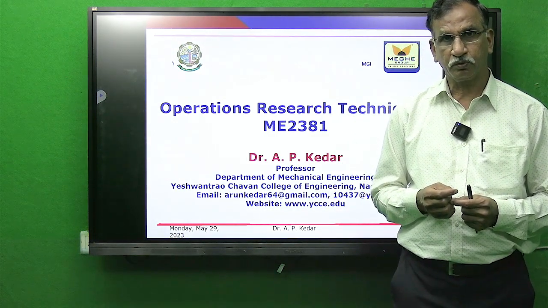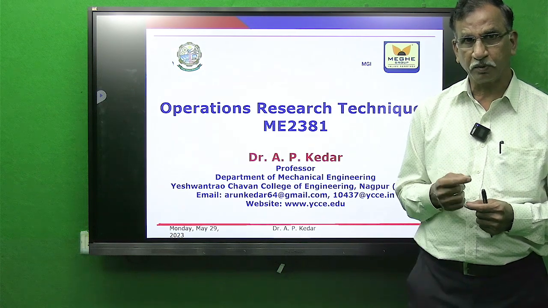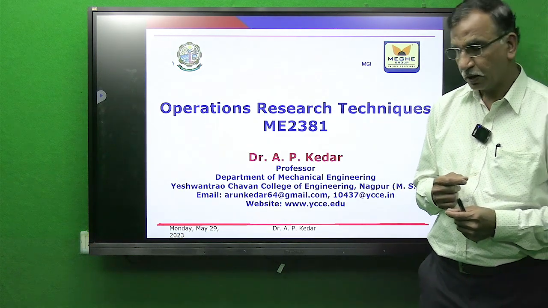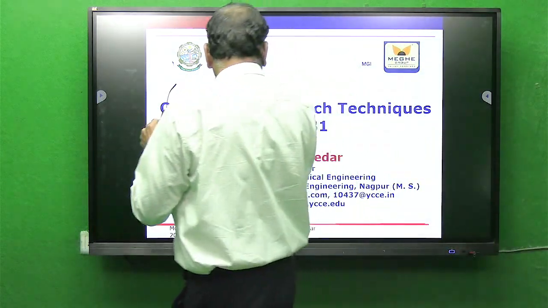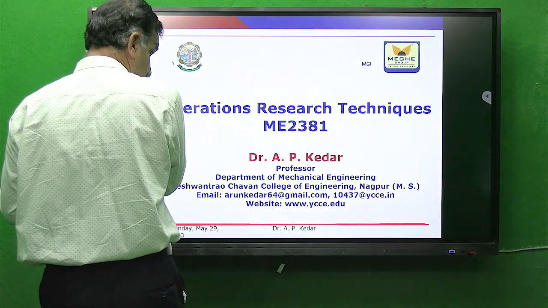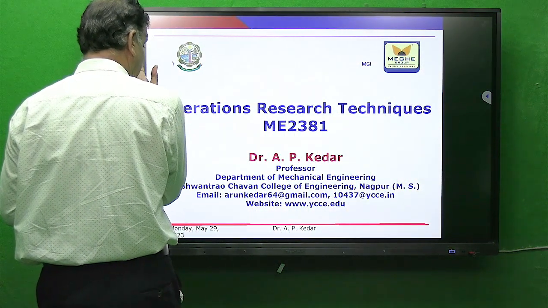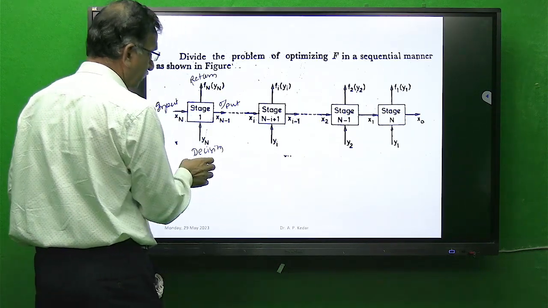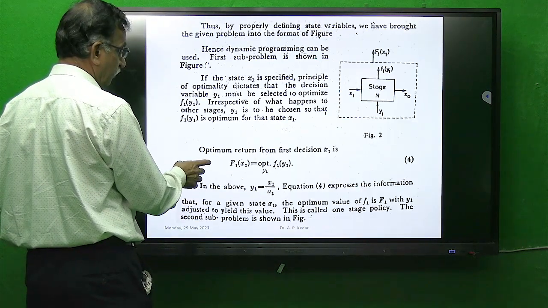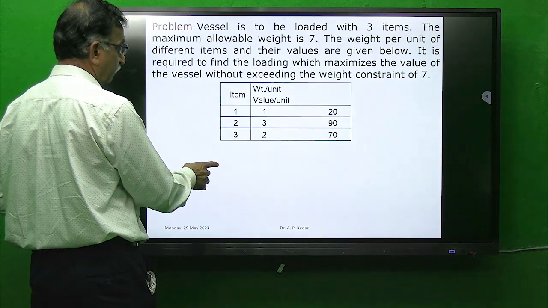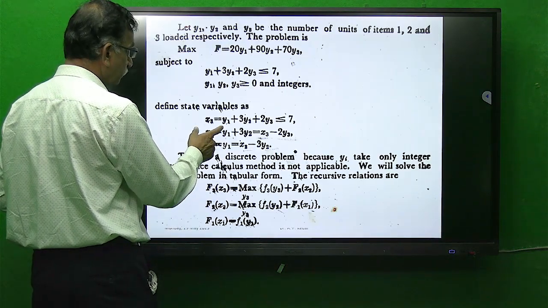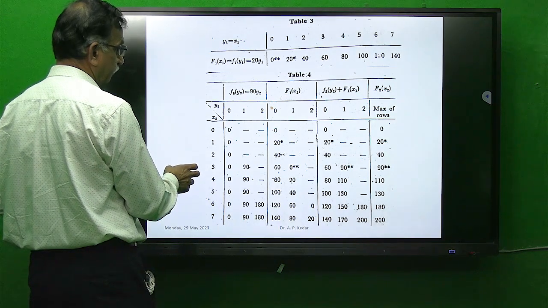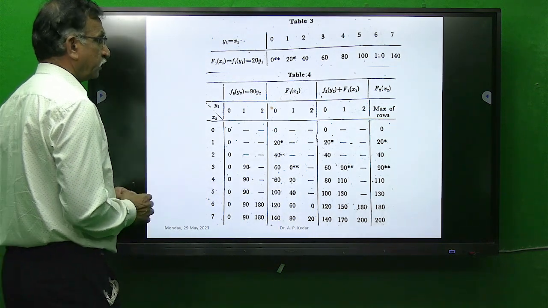So today we will solve the problem which we stopped at in our last lecture, and we will move on from that point onwards. If you recall, in the last lecture we had the state transformation for that particular problem. This was the problem under discussion, and we were at this point.